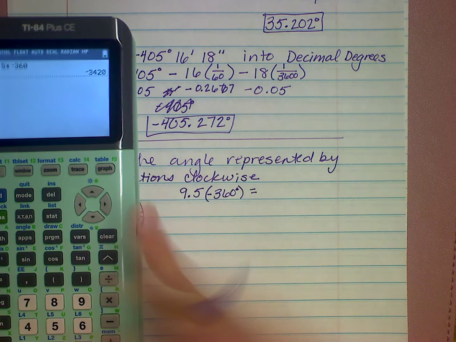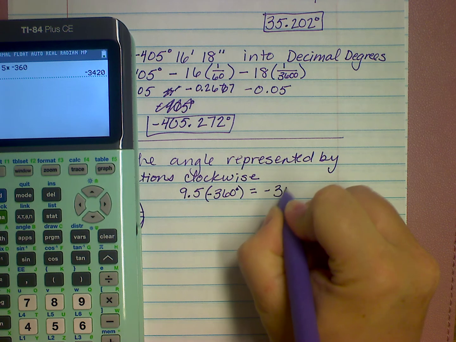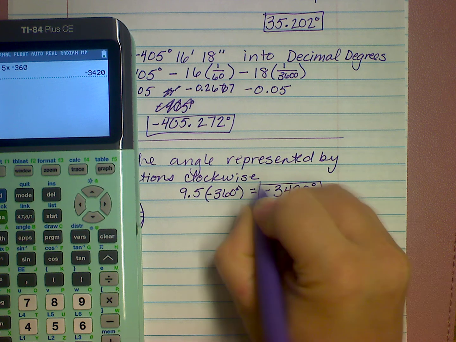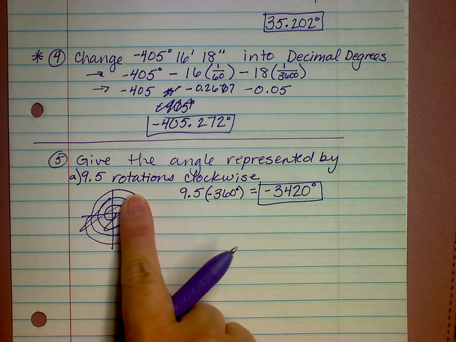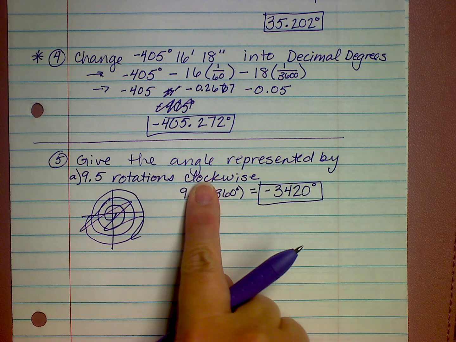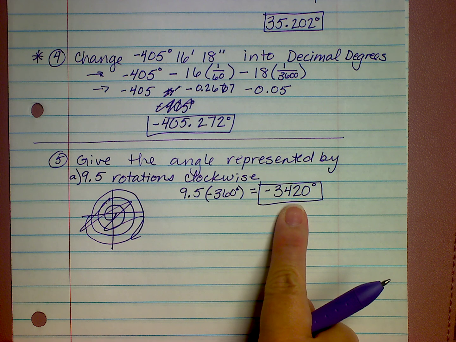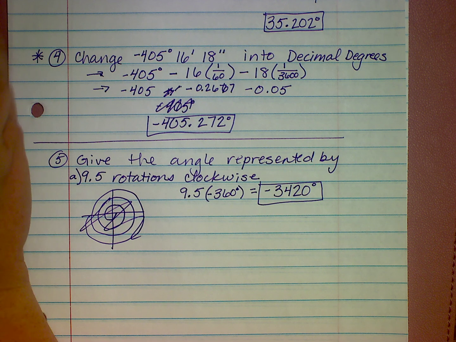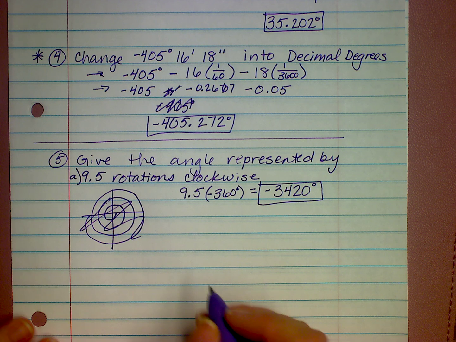Negative 3,420 degrees. So 9.5 rotations clockwise is equivalent to negative 3,420 degrees. I'm not seeing any questions, so I'm assuming we're getting it.